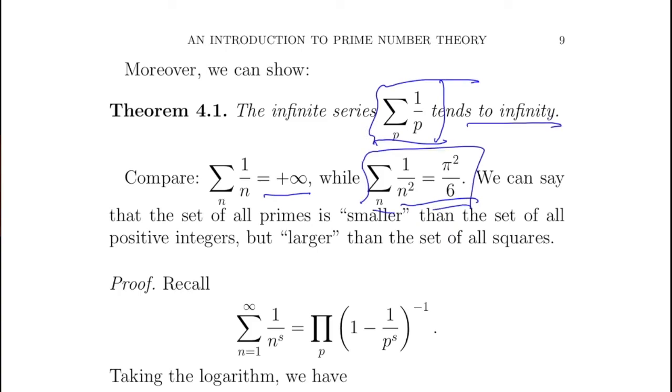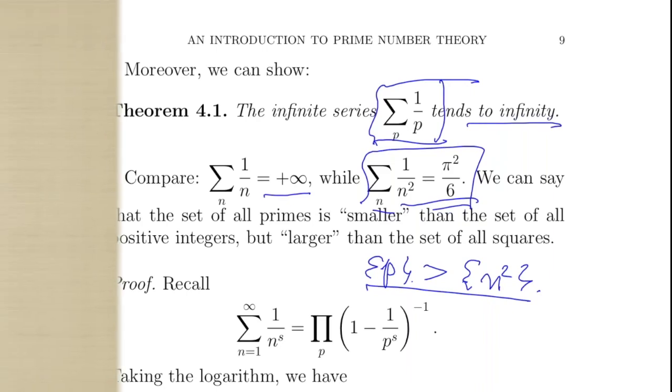So in that sense, the set of all primes is larger than the set of all square numbers, but this is just an intuitive argument, and I don't want to claim some rigorous comparison of these two sets. Just a feeling, I think.